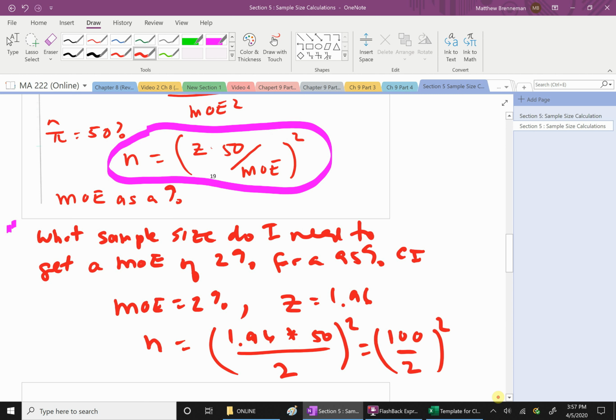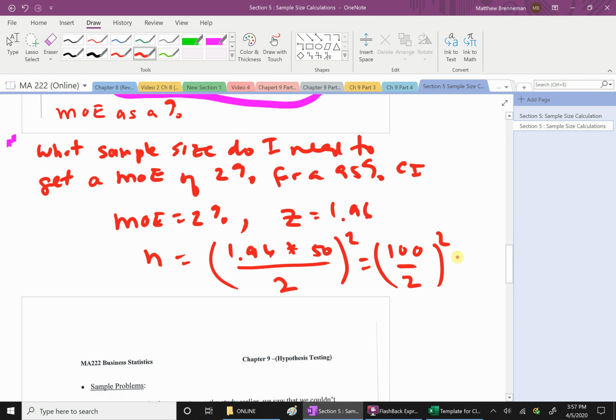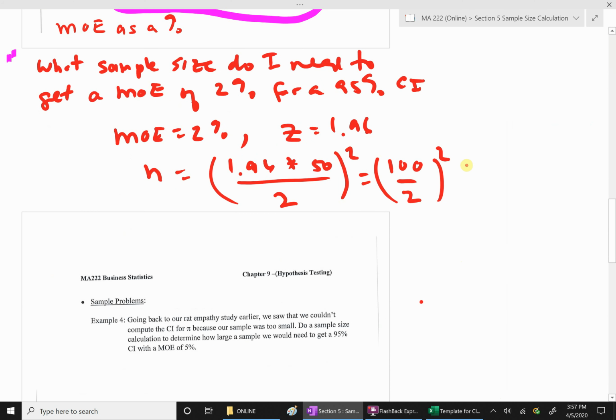And that's 50 squared, which is 2,500. So this tells you that in the political polls, if they wanted to be sure to get a sample size that would give us a 2% margin of error, they need a sample size of 2,500.